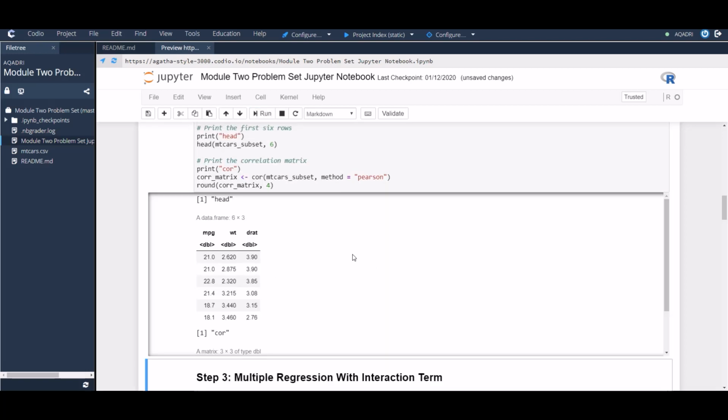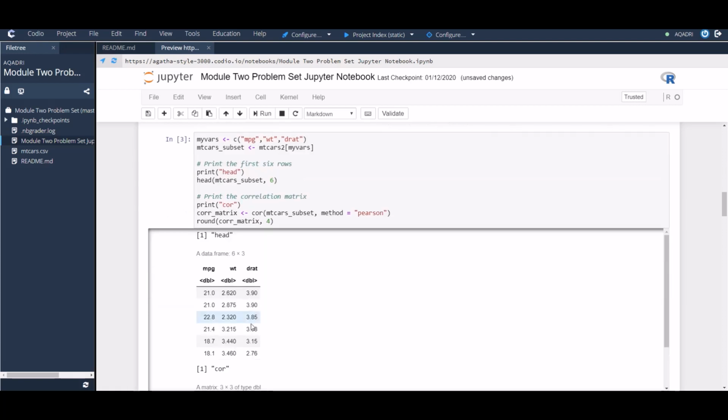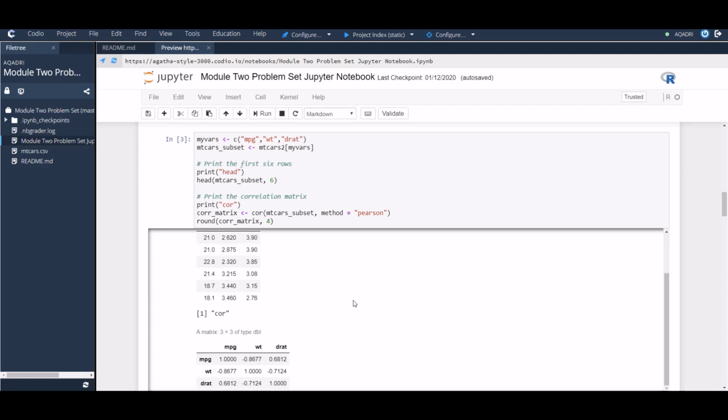So here is the subset data. This shows the first 6 rows of the data set, and as we can see, we only have 3 variables. And then it also prints the correlation matrix for miles per gallon, weight, and rear axle ratio. Clearly we can see that the correlation coefficient for weight and miles per gallon is negative 0.8677.